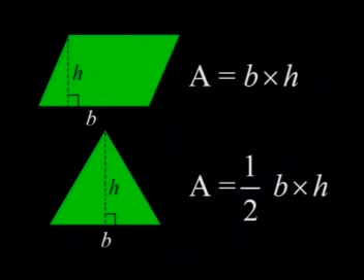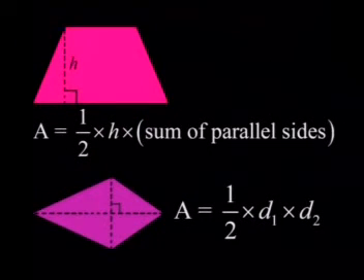The area of a triangle is equal to half times perpendicular height times the base. The area of a trapezium is equal to half the perpendicular height times the sum of the parallel sides. Area of a kite is equal to half times one diagonal times the other diagonal.